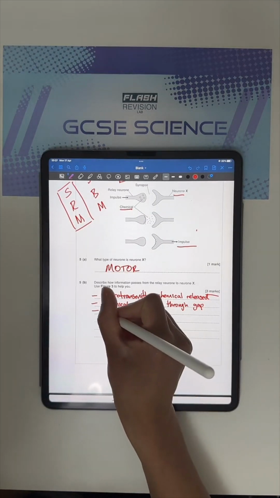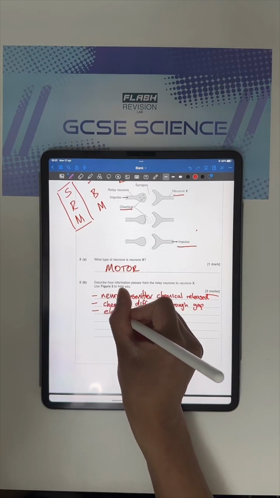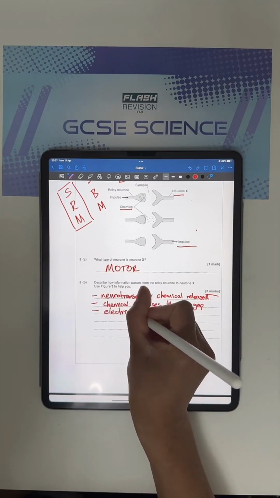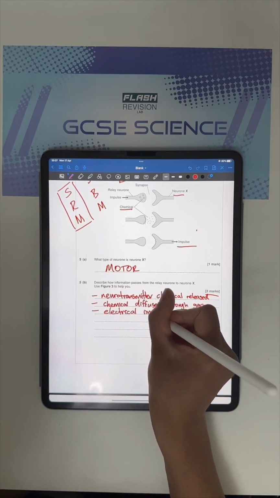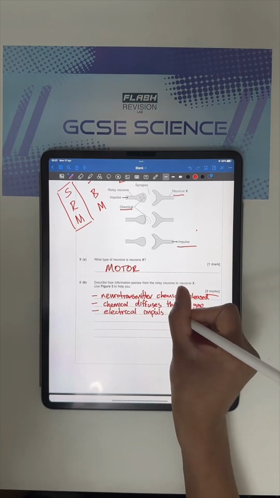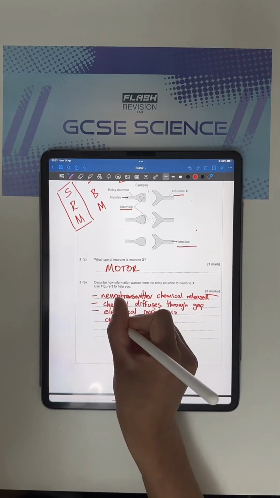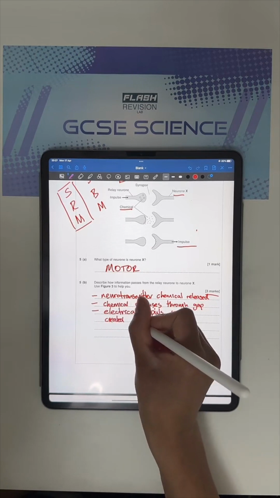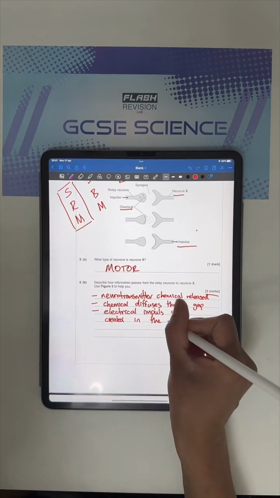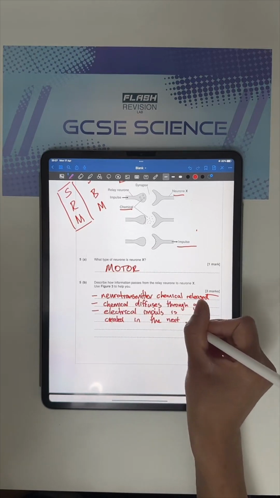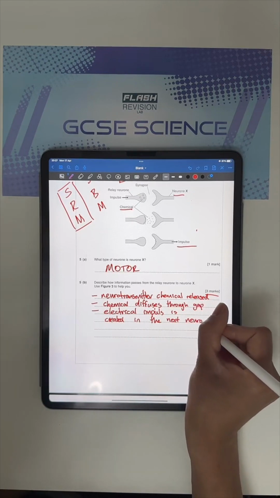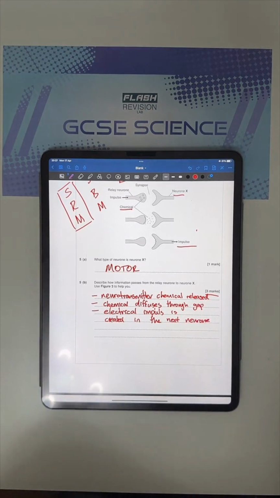Electrical impulse is created in the next neuron. Well done, guys.